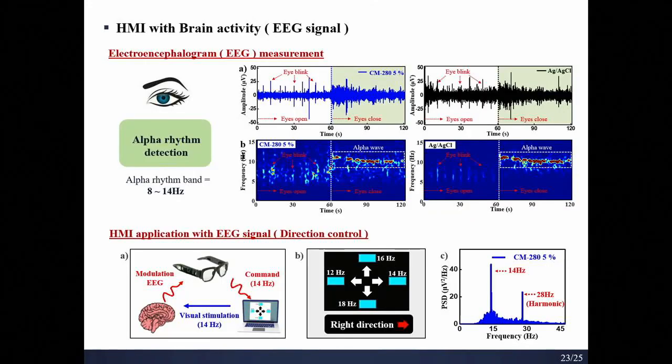So we can measure the 14 hertz peak in the frequency domain, and we use this peak signal as the command signal for the direction control. This kind of technology is quite common in the brain-computer interface area, and we also demonstrate it with the eyeglasses.